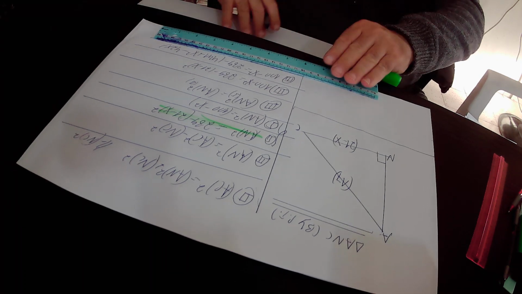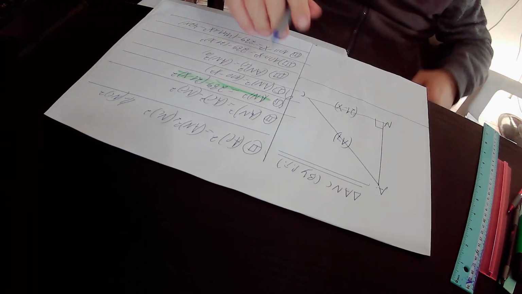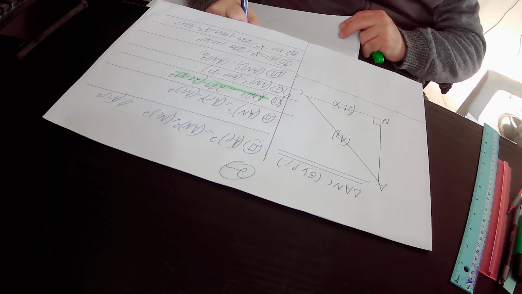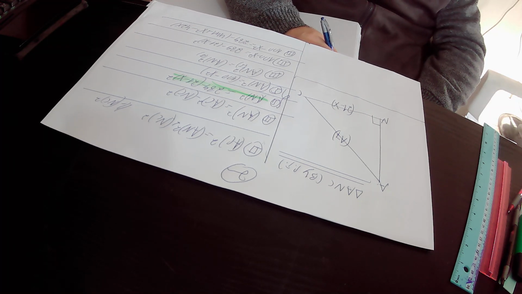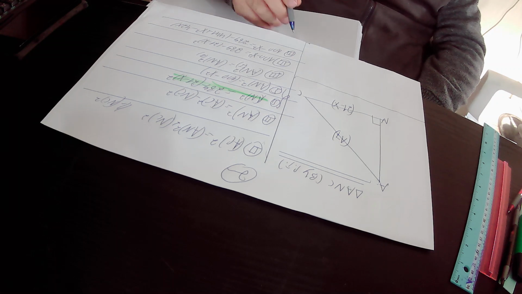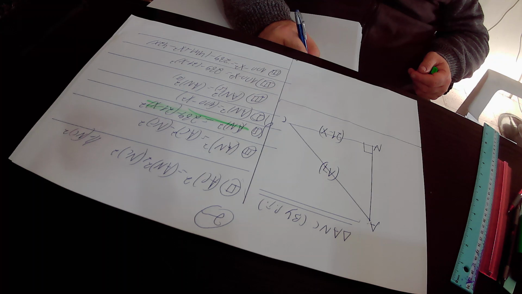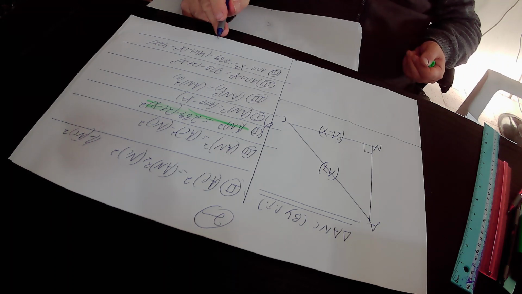So according to equation 3, 100 minus x square equals 289 minus, and we have a minus before the brackets.